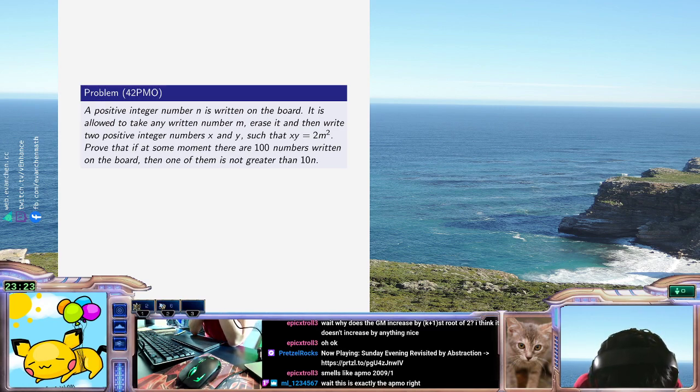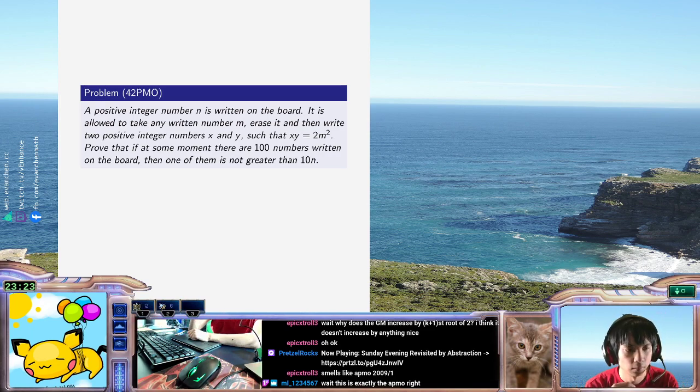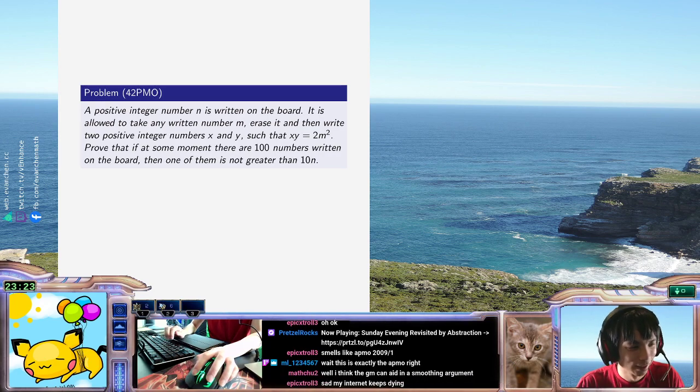Okay, calm down, calm down, calm down, think this through. This is exactly the APMO problem. Okay, so I should just solve this problem and then do the APMO problem later. Is that the consensus? The GM can aid in a smoothing argument.